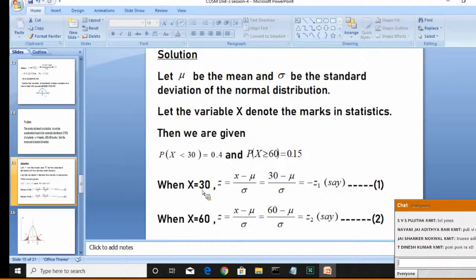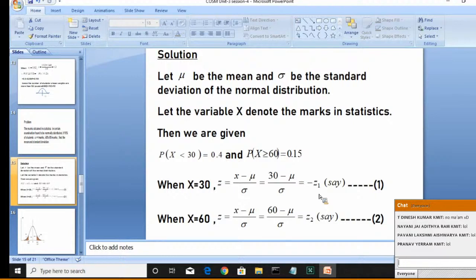So for x equal to 30 we are finding (x minus mu) by sigma, but we don't know the value since we do not know mu and sigma. So I have named it minus z1. What is the reason?